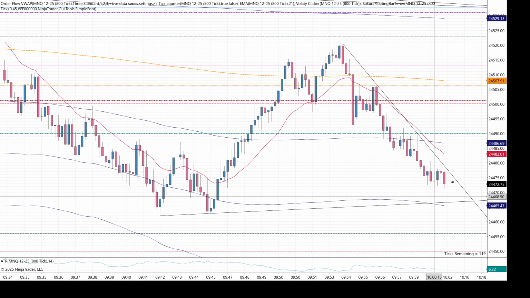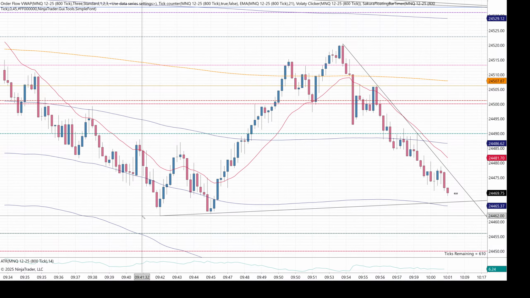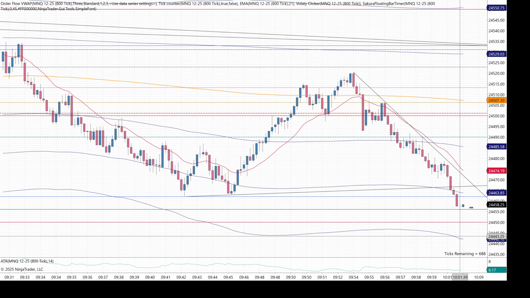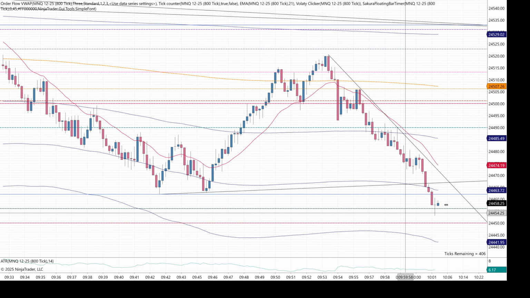Okay, we're getting closer to the bottom of the range here. See if we come down and test the overnight low. We just did, right there.